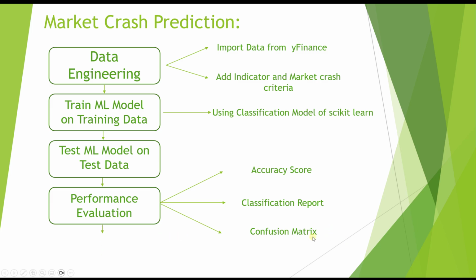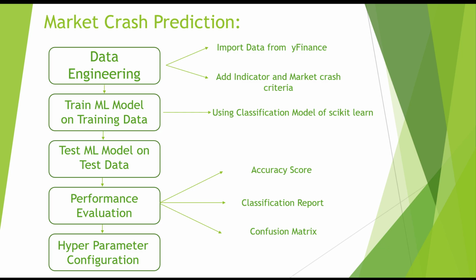And then the last section is hyperparameter tuning. In the case that the model did not have an acceptable performance, we configure the hyperparameters of our model during the training phase, or fitting phase. By changing these parameters, we train the model again, we test it again, and we evaluate the performance one more time.